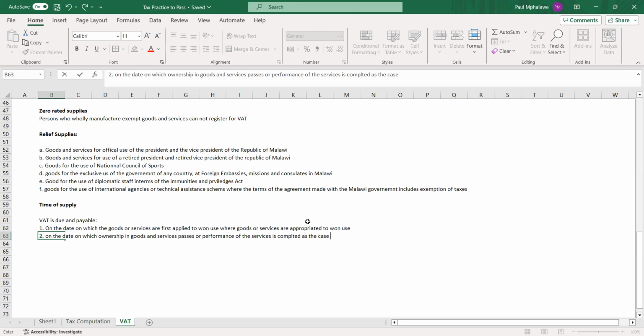On the date on which ownership of the goods passes from the seller to the buyer, or the performance obligation is fulfilled by the seller, on such a date VAT becomes payable.